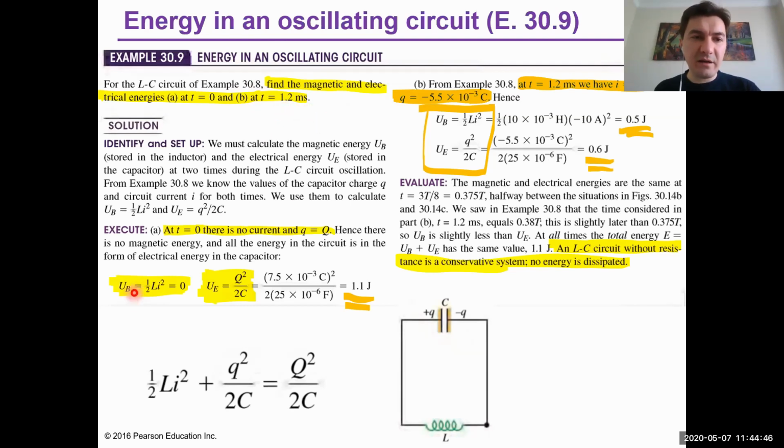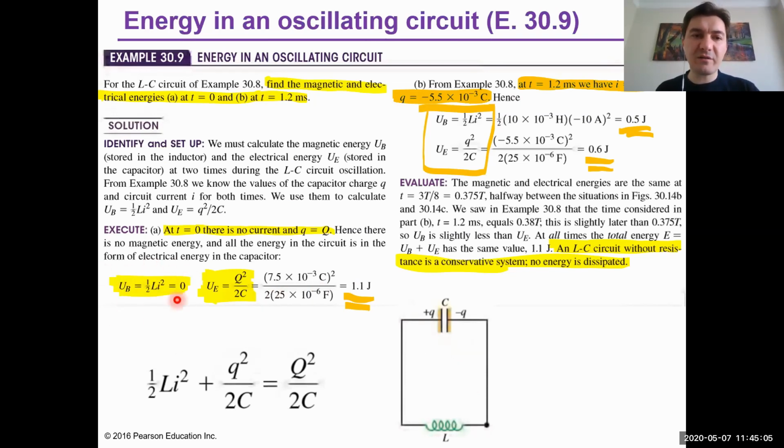So when the time is 0, there is no current in the system and all energy is stored in the capacitor. So the magnetic energy in the inductor is 0 because there is no current in the system when the time is 0.